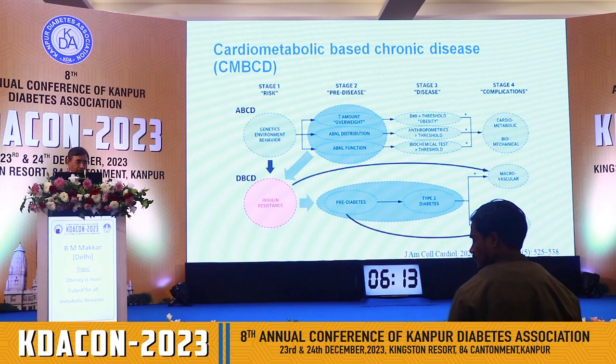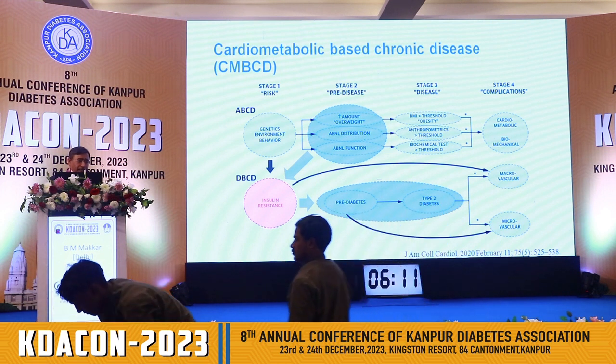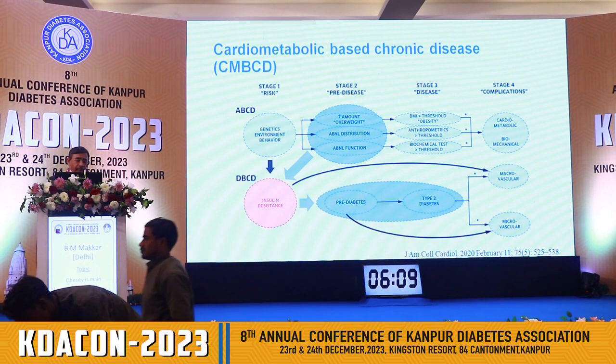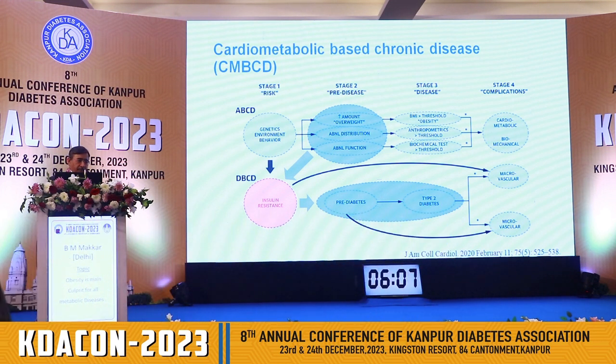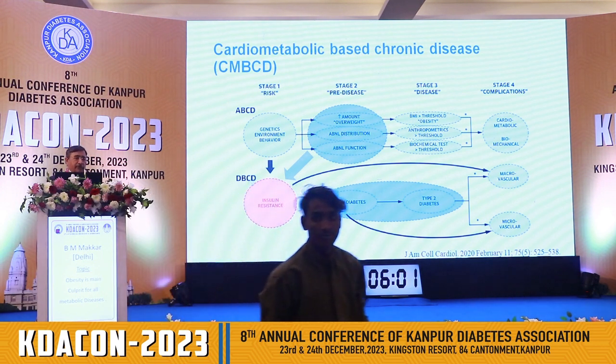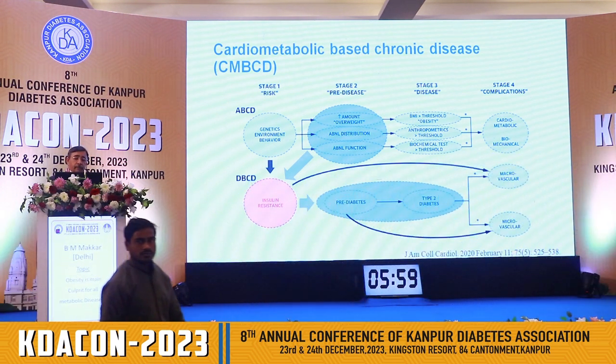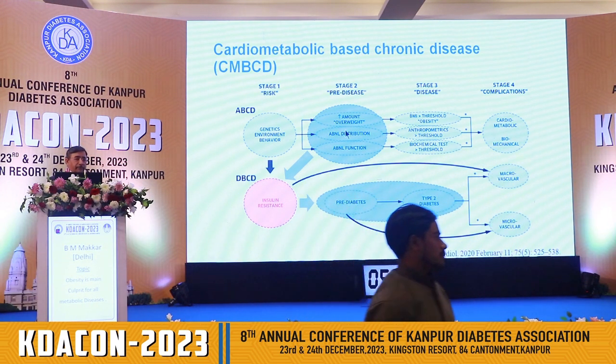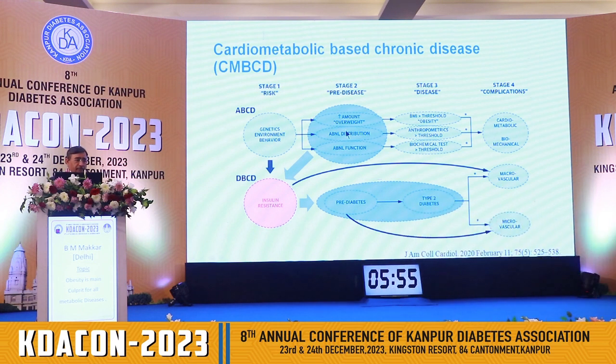According to this whole concept, now the center stage is adipocyte or obesity. In people who have genetic predisposition and are exposed to environmental factors conducive to development of excess fat accumulation in the body, this excess fat accumulation leads to dysfunctional fat and abnormal ectopic accumulation of fat.